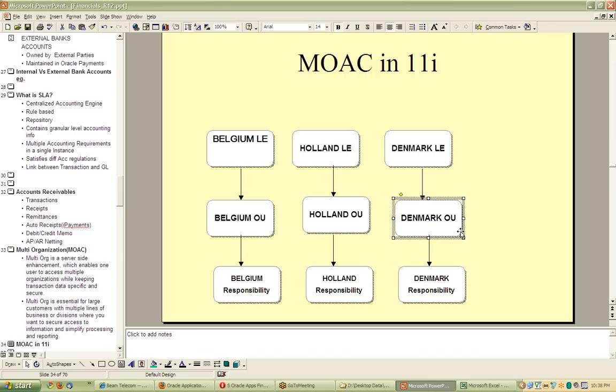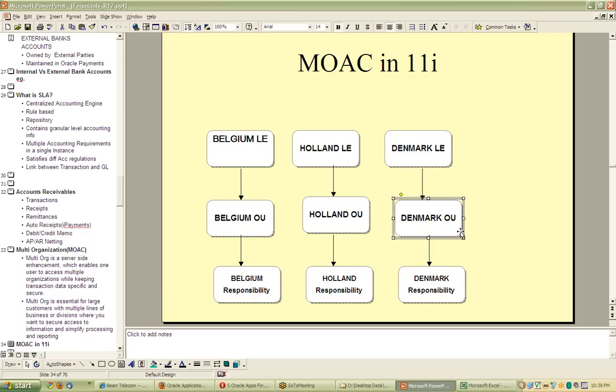The third invoice is from Denmark, so he has to log out of Holland and log into Denmark. So for changing the operating unit, he has to log out and log in every time. This is the scenario in 11i. He was given access to three operating units. He was not denied, but the access was in a very inconvenient form.